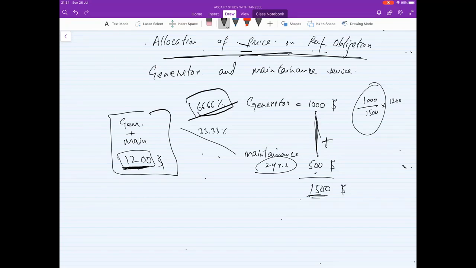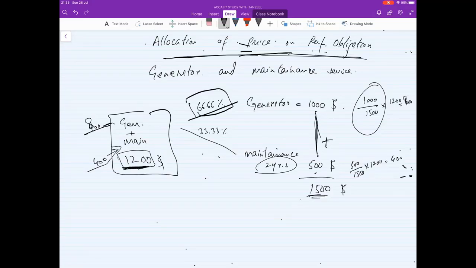You can write it here as well: 1000 divided by 1500 multiplied by 1200, which means 800 goes to generator, and 500 divided by 1500 multiplied by 1200, which means 400 will go to maintenance. So out of 1200, 800 will go to generator and 400 will go to maintenance.